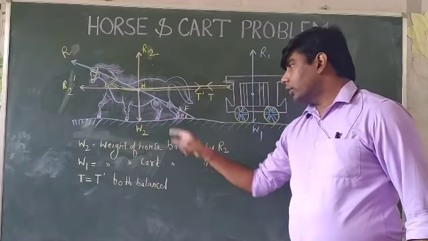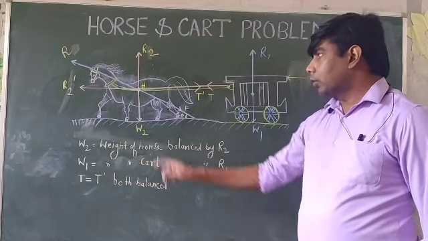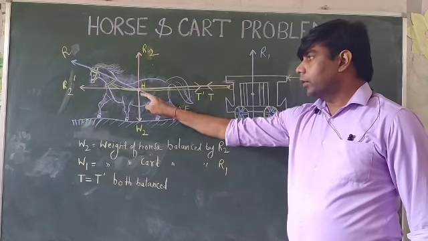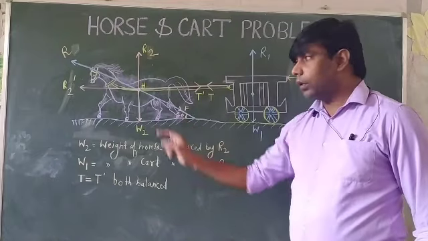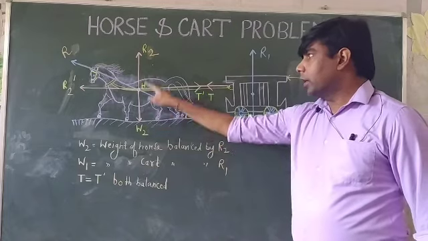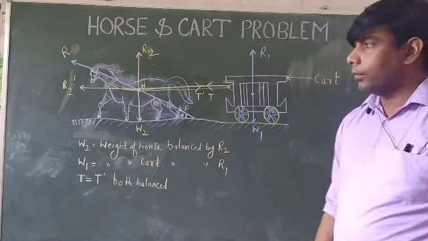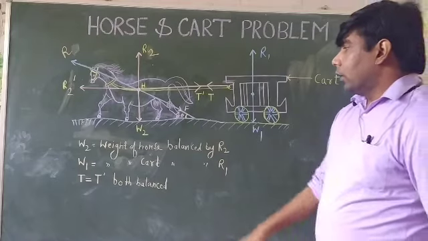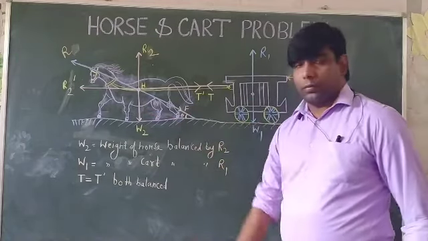According to Newton's third law, there will be an equal and opposite reaction in the upward direction. Since both are equal and opposite, they get cancelled. This weight is balanced by the reaction force.